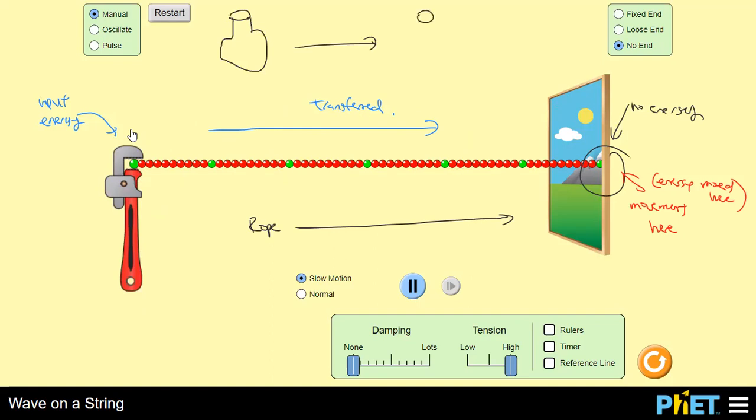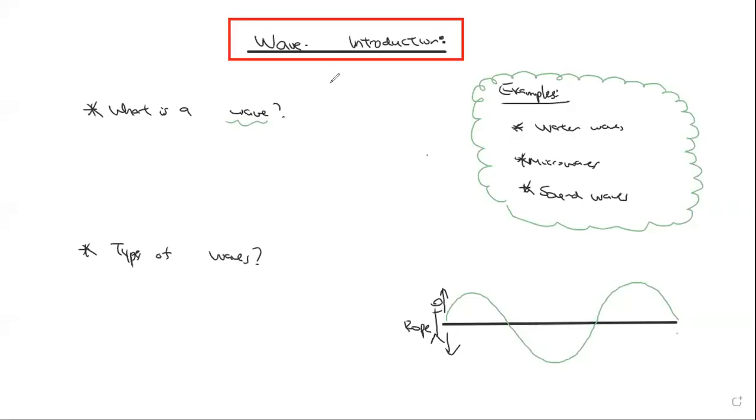We physically moved an object, right? So if you've got hot water and then you move it to the other side of the room, you have moved energy, but that isn't actually a wave. So what is a wave? As we said, a wave moves energy from one place to another.